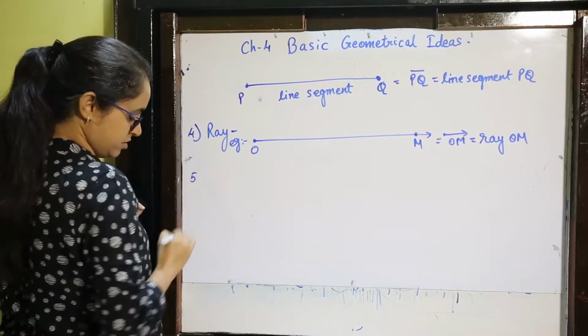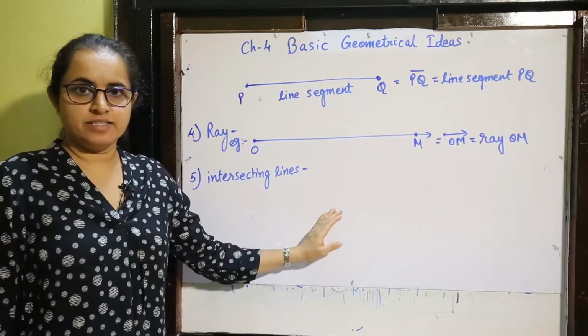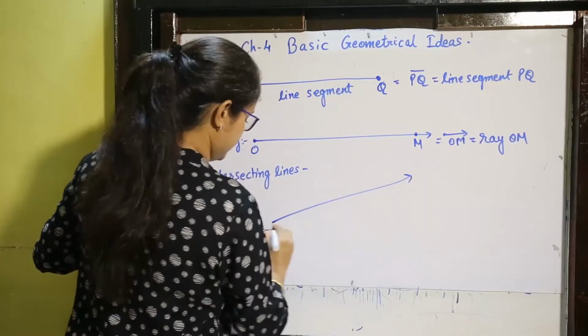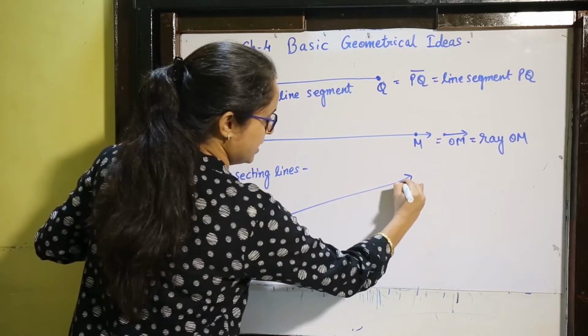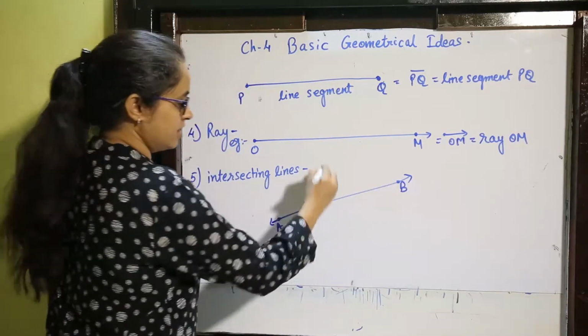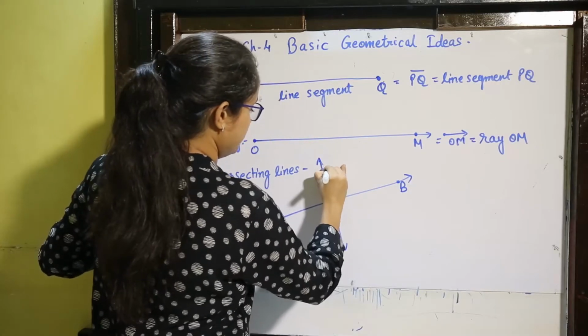Now suppose you have 2 lines, line L and line M. The next is intersecting lines. When 2 lines meet each other at one distinct point, that is known as intersecting lines. Suppose one line is line AB and you have another line, line PQ.